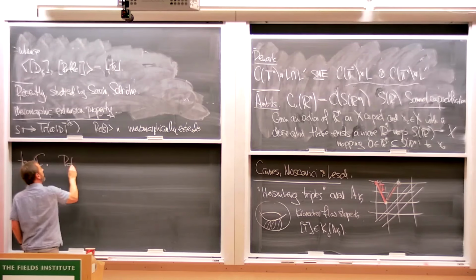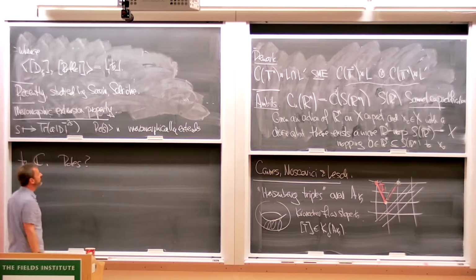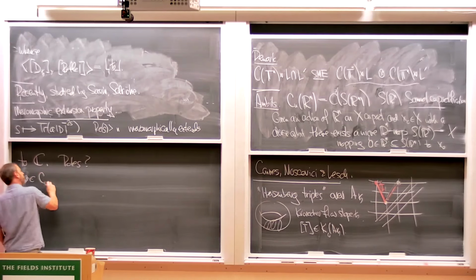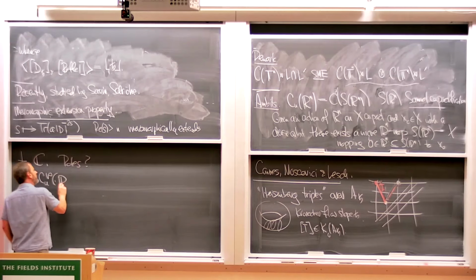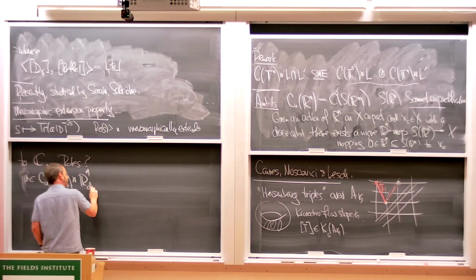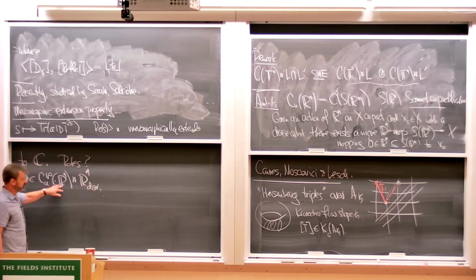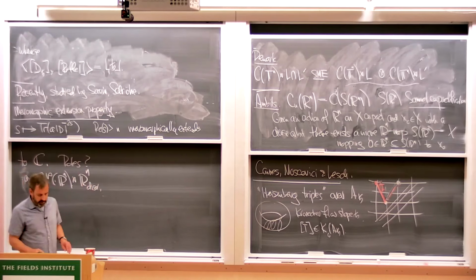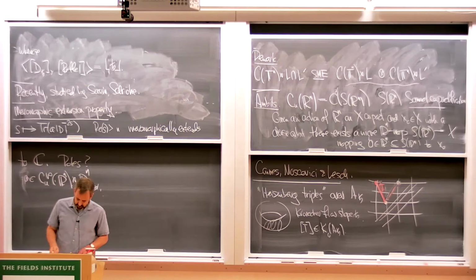And of course, you would also ideally like to know something about the poles. And here A is some element of, a priori, in the most general setup, A would be an element of this algebra.